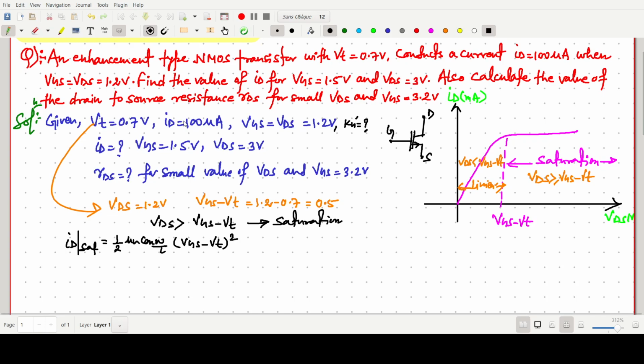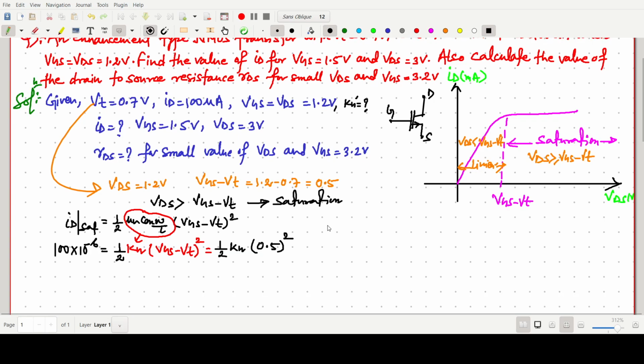ID in saturation is 100 microampere, so 100 into 10 to the power minus 6 equals 1 by 2 kn, where I write this whole term as kn, times VGS minus VT, already found, 0.5, whole square.